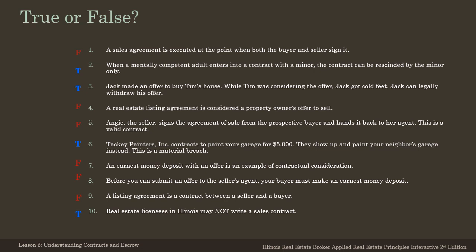Only an attorney can write the terms of a contract. We as real estate licensees, you as a real estate licensee, can only fill in the blanks and cross things out that you don't want. That's the scope of your authority as far as preparation of contracts.